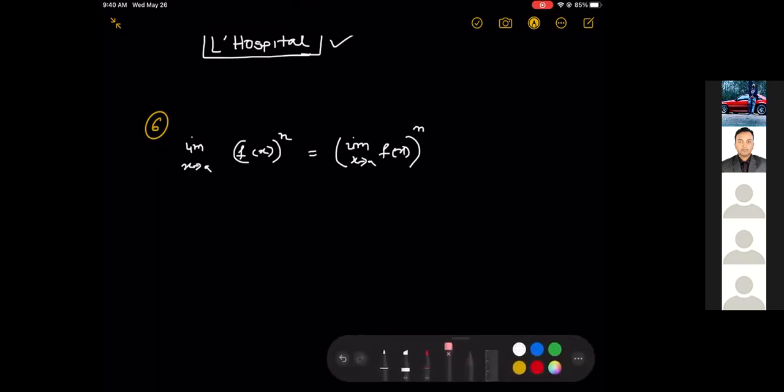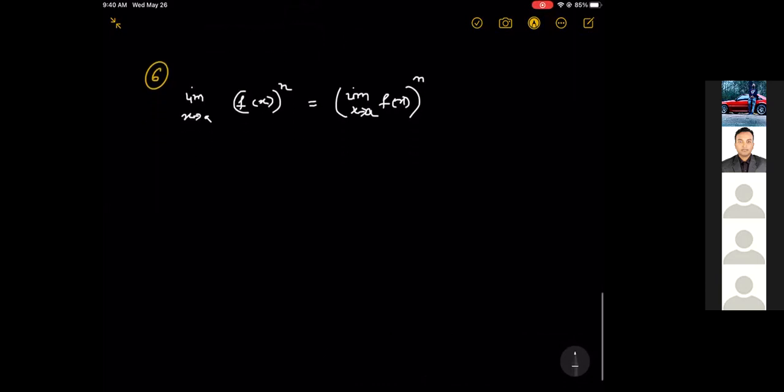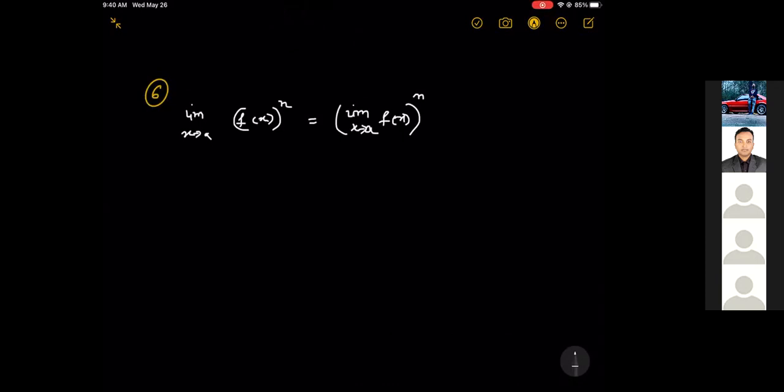Okay. And let's try one example of it as well. I have to generate one so that it doesn't become bizarre. f of x to the power n. Okay.